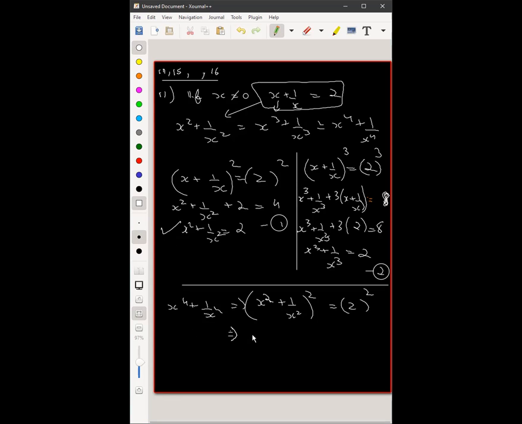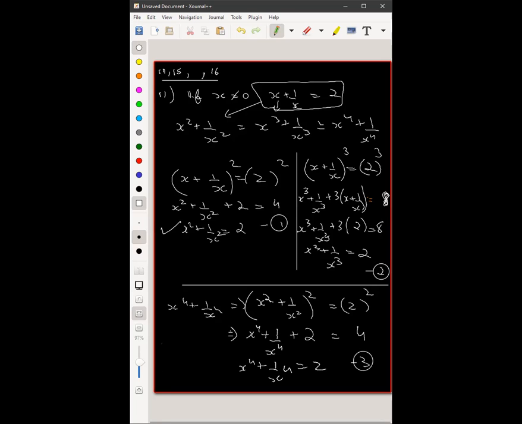So, x square plus 1 upon x square, and x raised to 4 plus 1 upon x raised to 4 plus 2 into AB, 2 itself, is equal to 4. So x4 plus 1 upon x4 is also equal to 2.